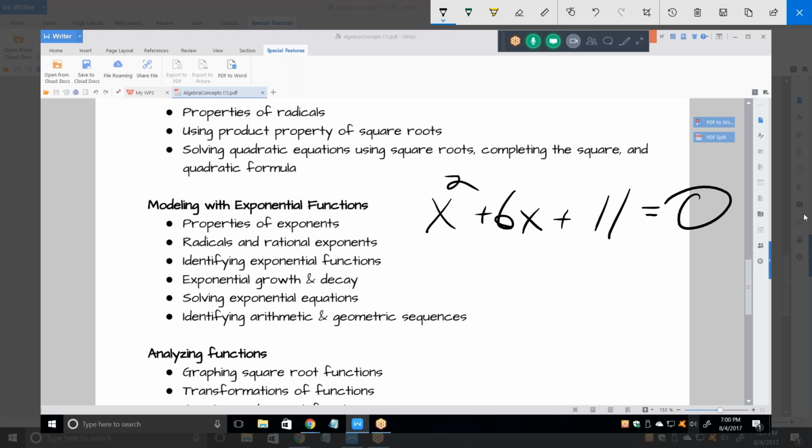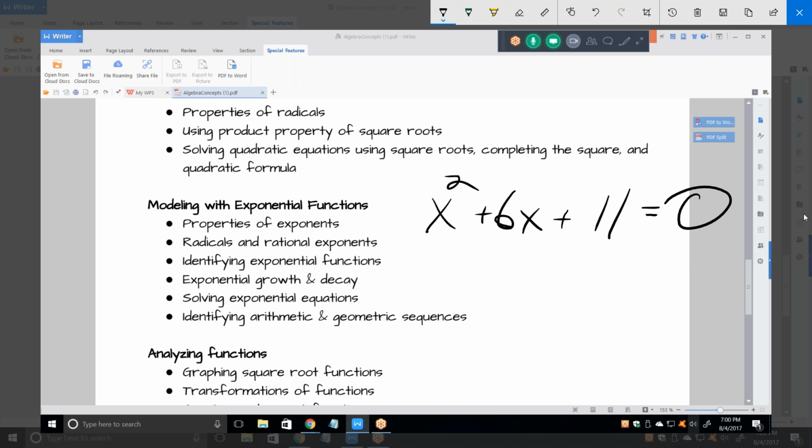If I said solve that equation, your first step would be to try to factor it, right? But there aren't very many factors of 11. It's 11 and 1. That's it. So this thing doesn't factor. In other words, I cannot write that as x plus something times x plus something else. I wish I could, because then I could solve it easier.